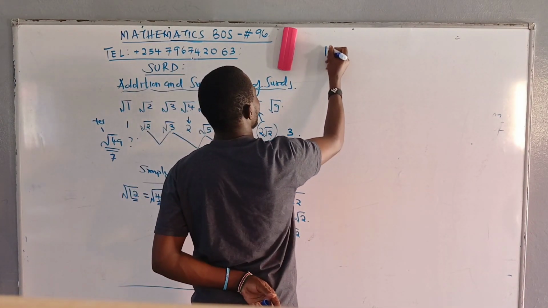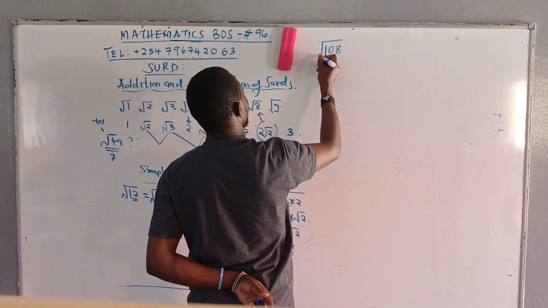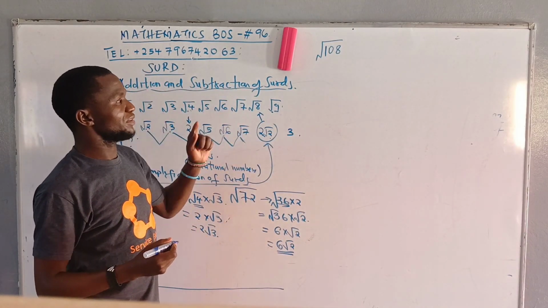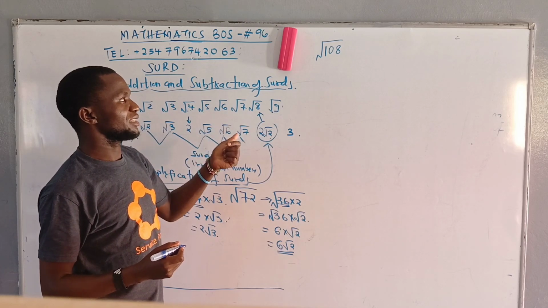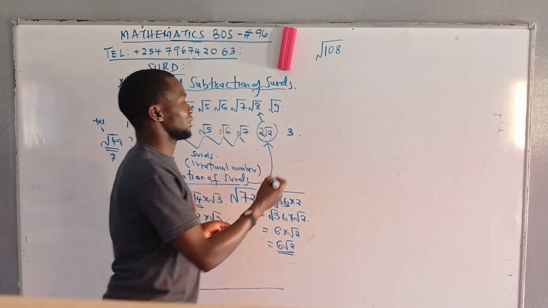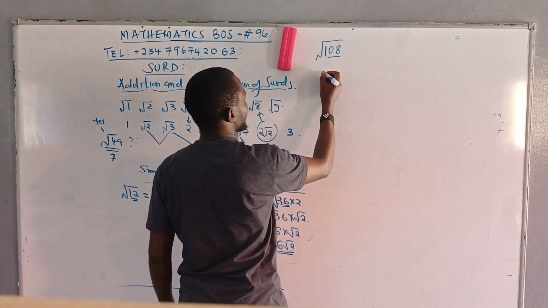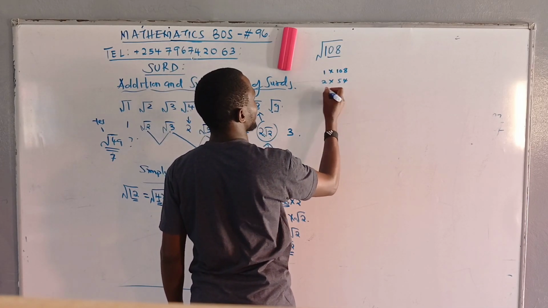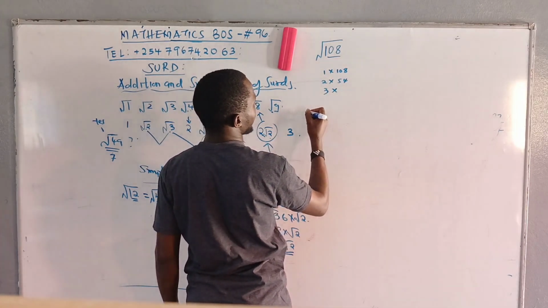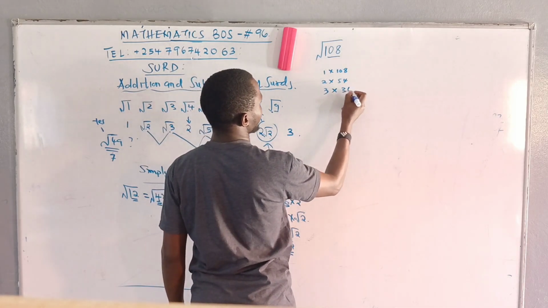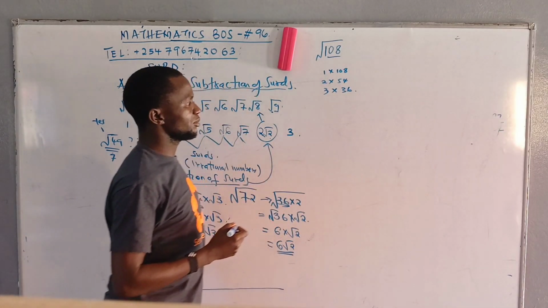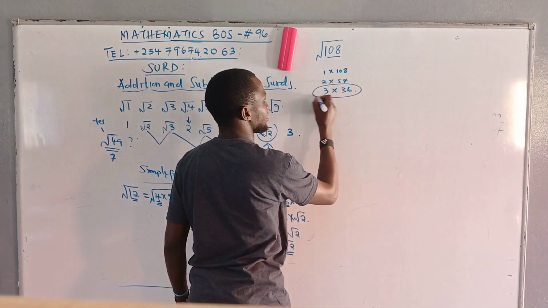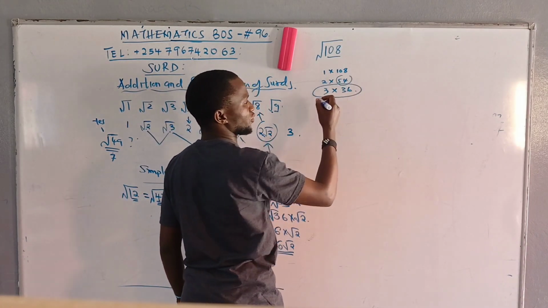Let us do one more. Let us try 108. Square root of 108. We can simplify that. We can pick a number that has an exact square root. 108 can be written as 1 times 108, as 2 multiplied by 54, and also as 3 multiplied by 36. I'm going to consider 3 multiplied by 36, because I don't have an exact square root of 54.